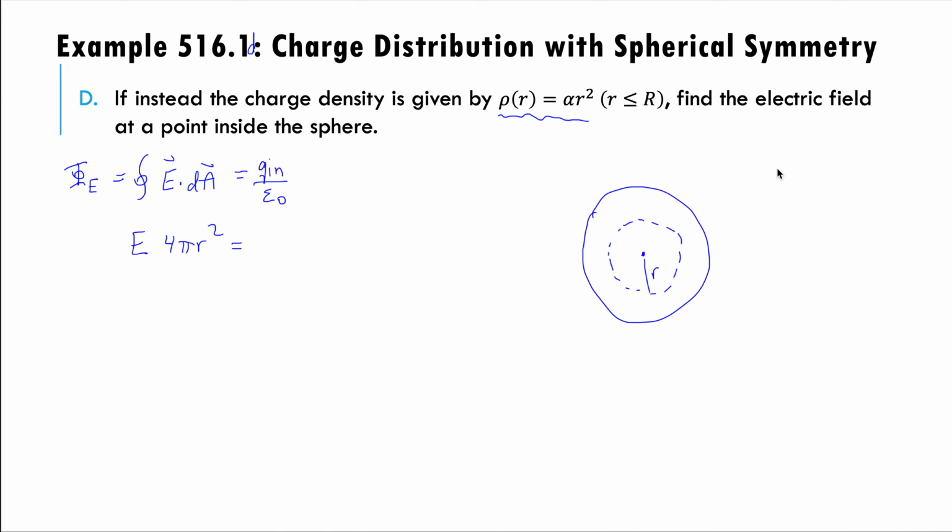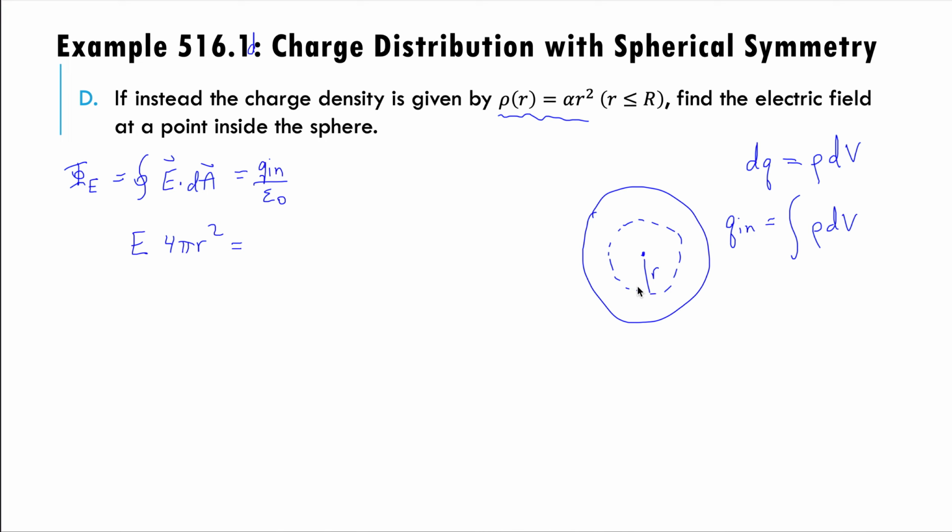So to find the charge enclosed, we need to use our friend from chapter 5 here, dq equals rho dV. We can integrate this to find the total charge. We know that the total charge is going to be the integral of rho dV. So what is our dq here? Well, we have this Gaussian surface, and we're trying to find the total charge enclosed within it.